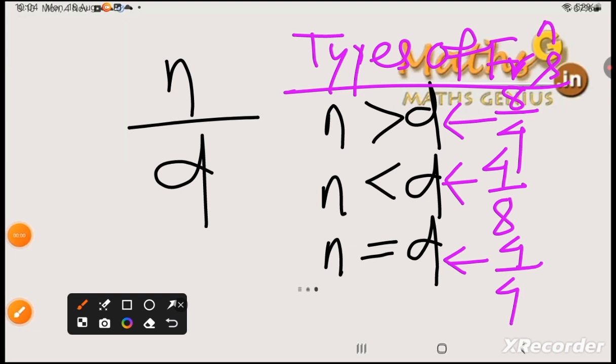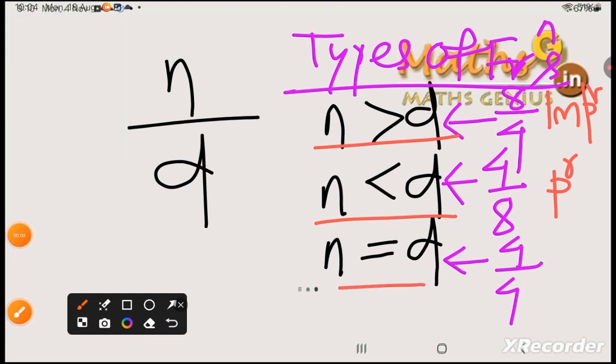In the first case, 8 by 4, where the numerator is greater than the denominator, we call them improper fractions. When the numerator is lesser than the denominator, we call them proper fractions.